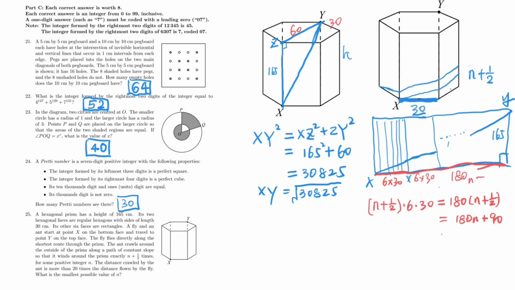180n plus 90. Now, still the Pythagorean theorem.